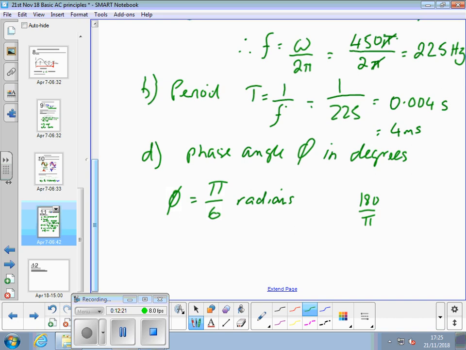Then if you multiply that by pi over 6, and what you should really know is that's a standard one, because pi is 180 degrees, so pi over 6 must be 30.